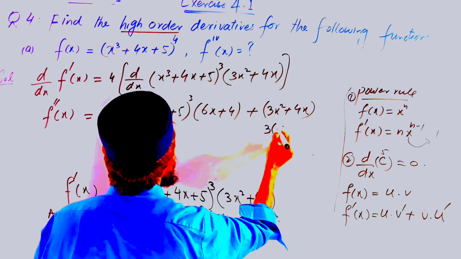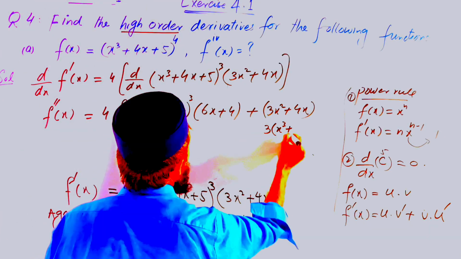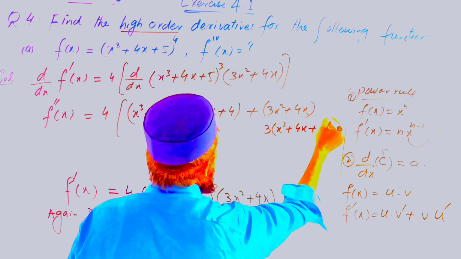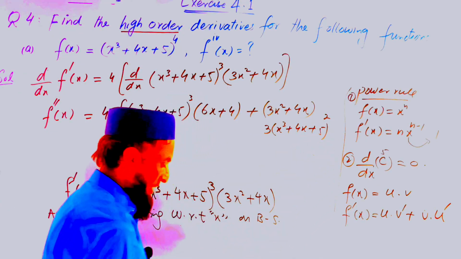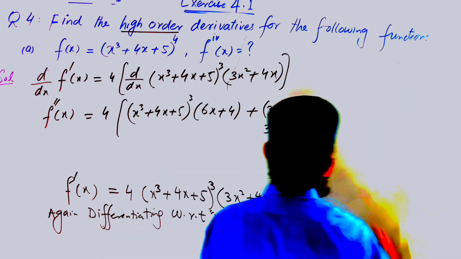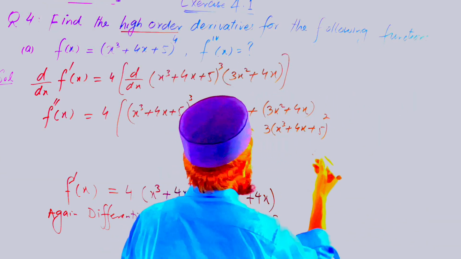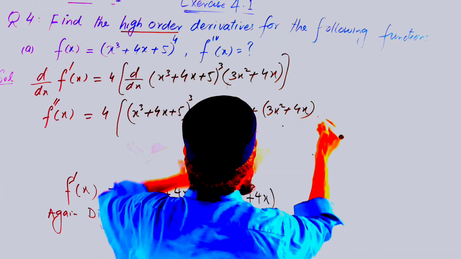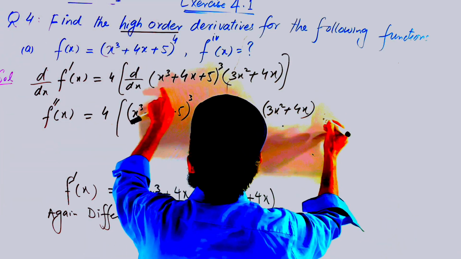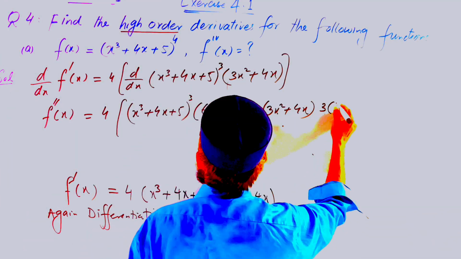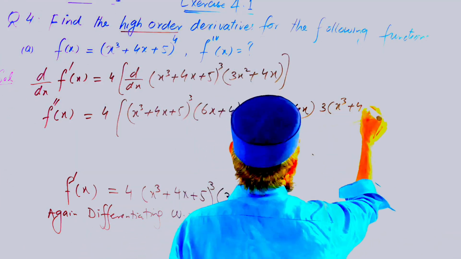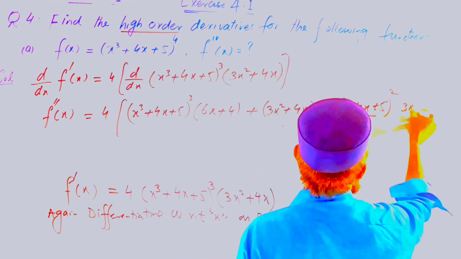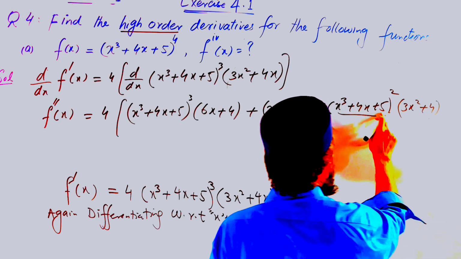So (x cube plus 4x plus 5) power 3 minus 1, which is 2, and further the derivative of the inner function: 3x square plus 4x, and the derivative gives 3 into (x cube plus 4x plus 5) power 2, and for the derivative of this function we get 3x square plus 4, and the constant derivative is 0.